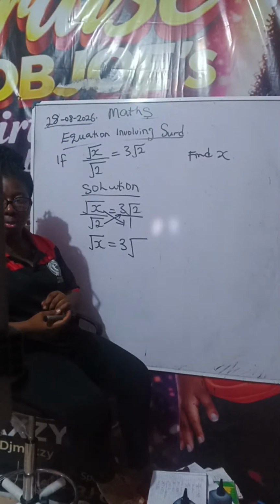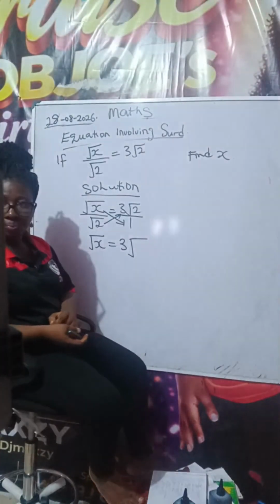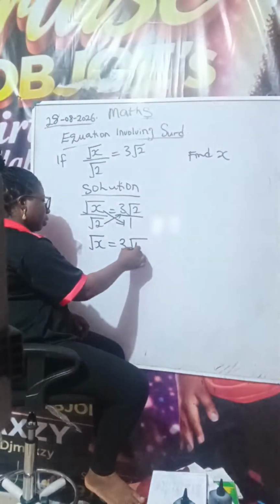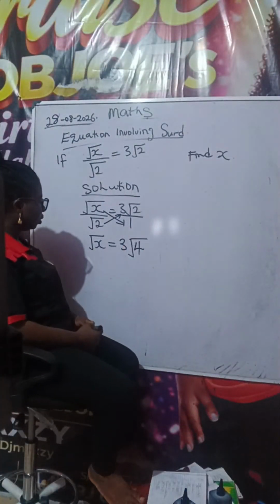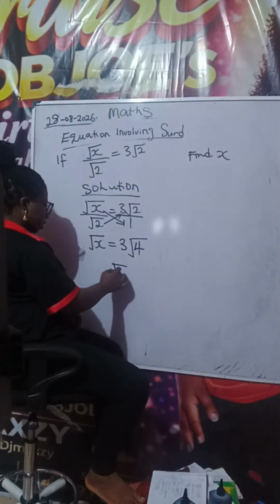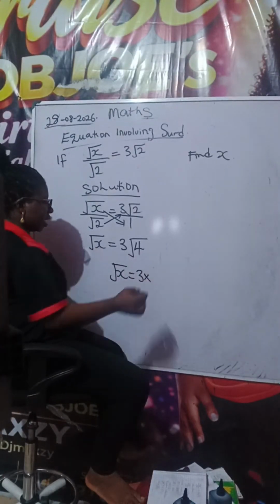So 2 times 2 will give us 4. Yes, so we have 4. Then I'll write 4 here. Then next thing again is root x equals to 3, because this is multiplying it.